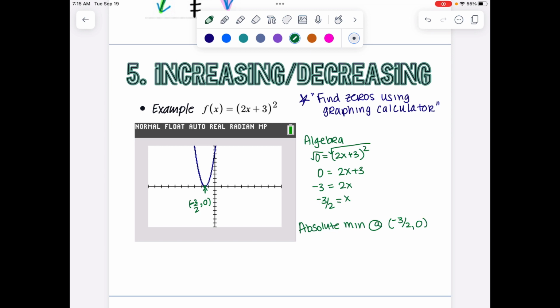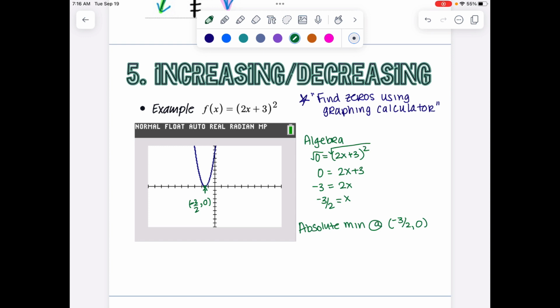Because that's the smallest the y value will ever be, right? That 0, y equals 0, is the least value that y will have across the entire graph. Every y value is bigger than 0 because the graph only exists above the x-axis. The graph only exists above y values that equal 0. So that's our absolute min.